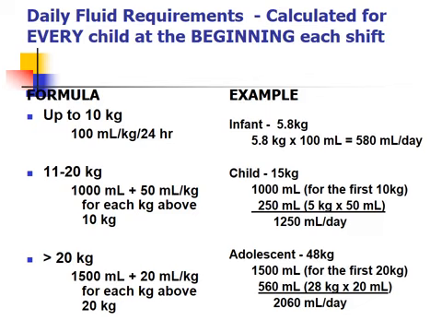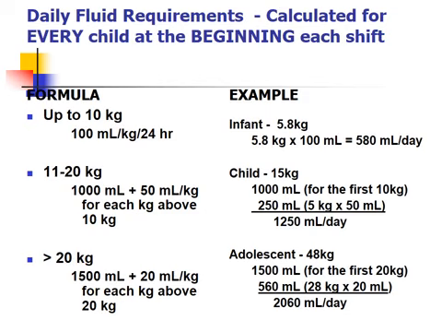And then an adolescent weighing 48 kilograms, again, the first 20 kilograms are accounted for in the 1,500 mLs. And for the difference, we would take 48 kilograms minus the 20 kilograms, and that gives us 28 kilograms, and we're going to multiply that by 20 milliliters.